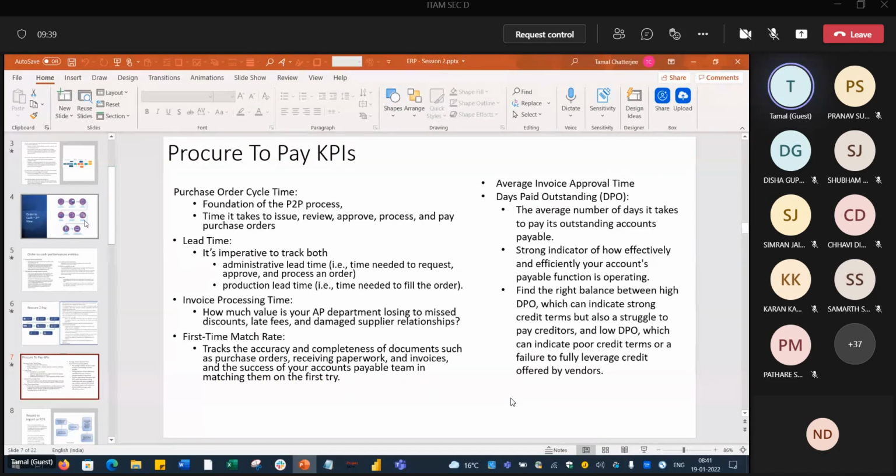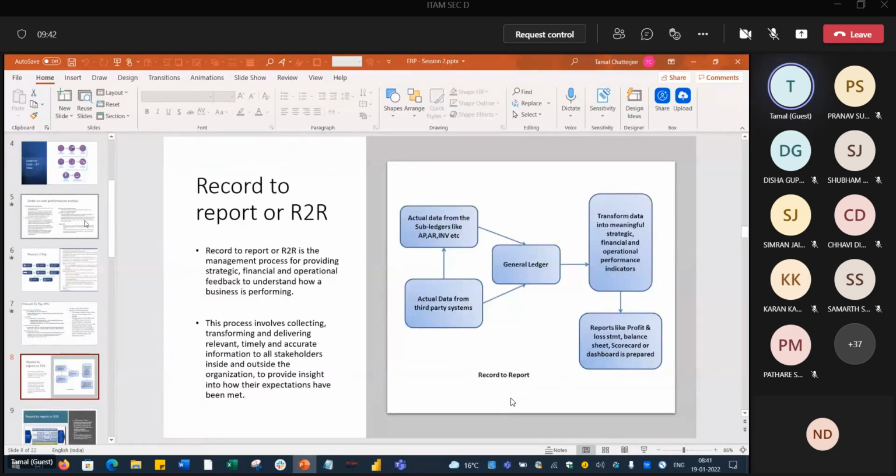Now after OTC and P2P, every organization will have an accounts or finance department. Account payable and account receivable have to be there, right?